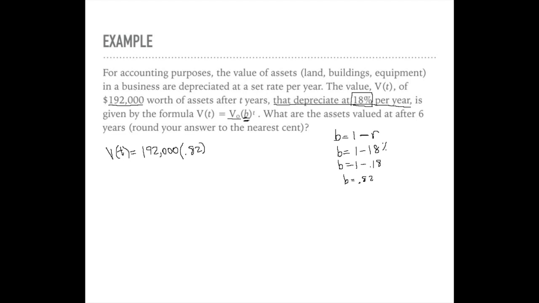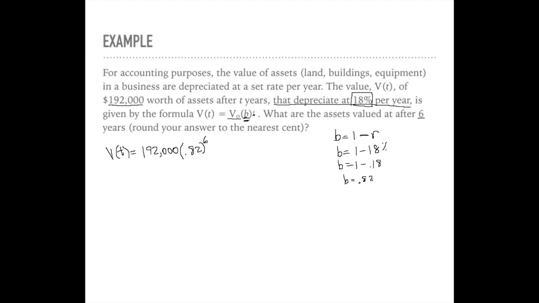Now notice that they also want you to figure out the depreciation value, or the total, when the T value is 6 years. So 6 years after the depreciation began, they want to find out what it equals, which means for T, they want you to put a 6. So how can we find this?